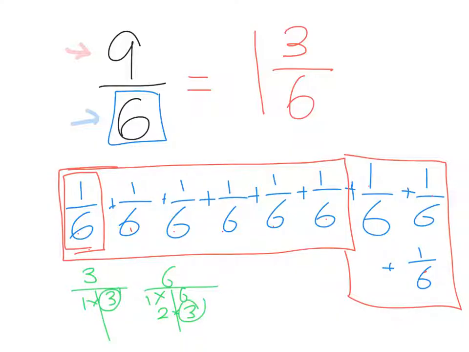So we're going to divide both the numerator and the denominator by 3. All right, so our real answer will be 1 whole, which stays the same. 3 divided by 3 is 1. 6 divided by 3 is 2. So our real answer is 1 and 1/2.